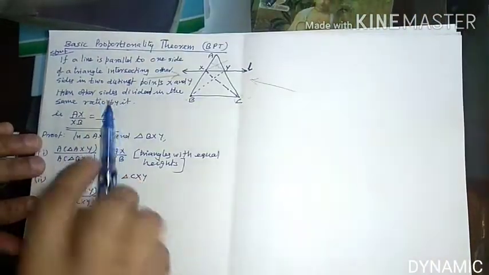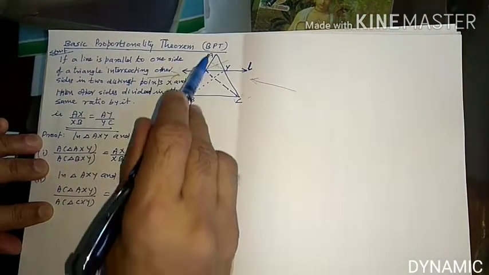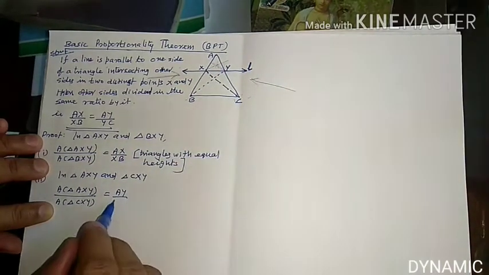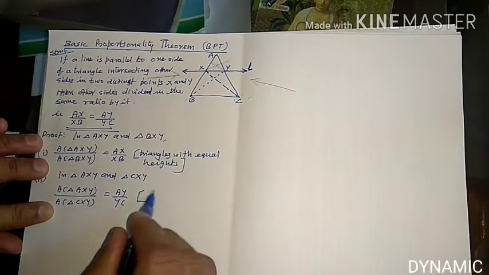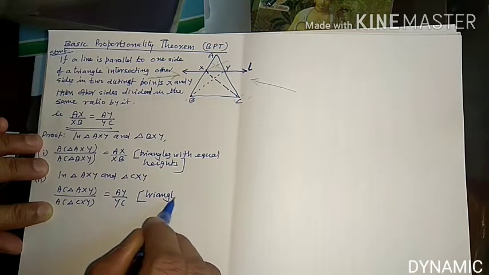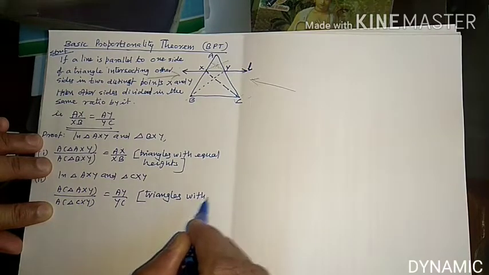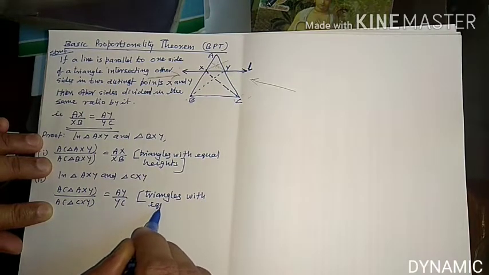Here also the triangles have the same height. So the ratio is AY upon YC. What is the reason? Same reason: triangles with equal heights.